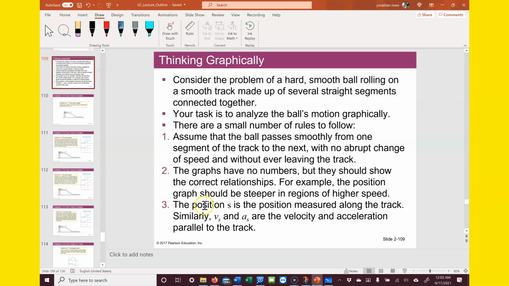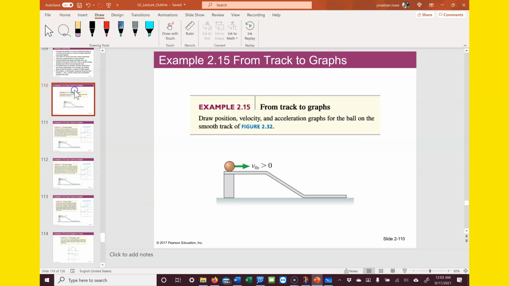For example, the position graph should be steeper in regions of higher speed. The position s is the position measured along the track. Similarly, v sub s and a sub s are the velocity and acceleration parallel to the track. So here's an example of that. Considering this particular track, draw the position, velocity, and acceleration graphs for the ball on the smooth track.